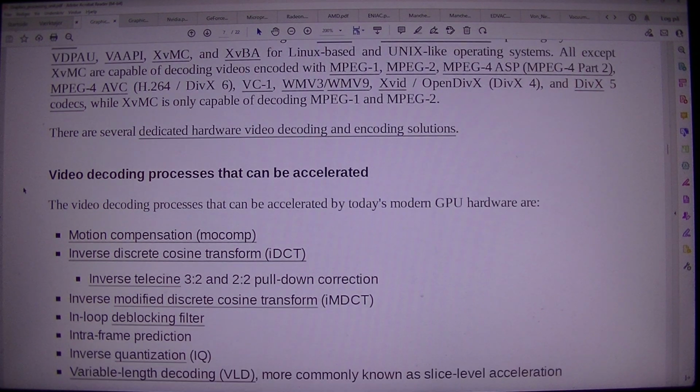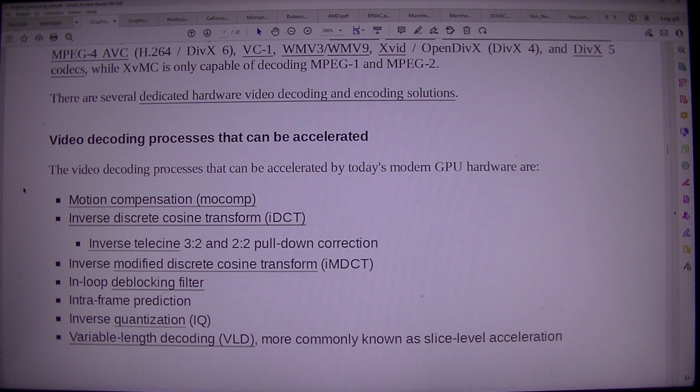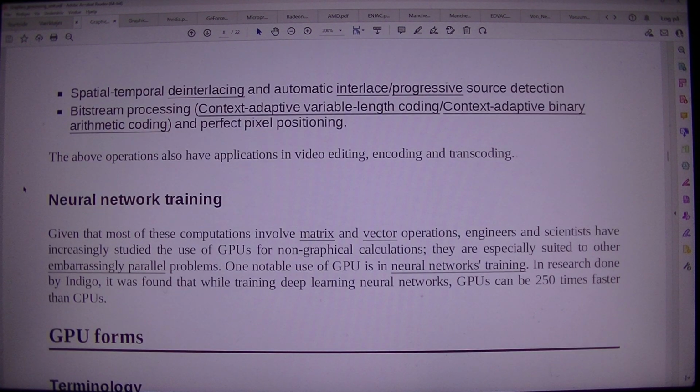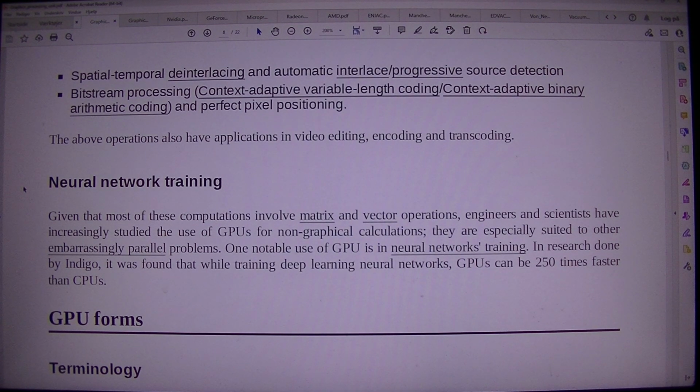Video decoding processes that can be accelerated. The video decoding processes that can be accelerated by today's modern GPU hardware are motion compensation, MoComp, inverse discrete cosine transform, IDCT, inverse telecine 3:2 and 2:2 pull-down correction, inverse modified discrete cosine transform, IMDCT, in-loop deblocking filter, intraframe prediction, inverse quantization, IQ, variable length decoding, VLD, more commonly known as slice-level acceleration, spatial temporal deinterlacing and automatic interlace/progressive source detection, bitstream processing, context adaptive variable length coding/context adaptive binary arithmetic coding, and perfect pixel positioning.